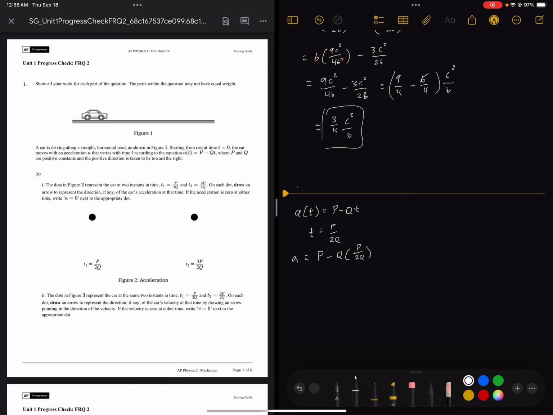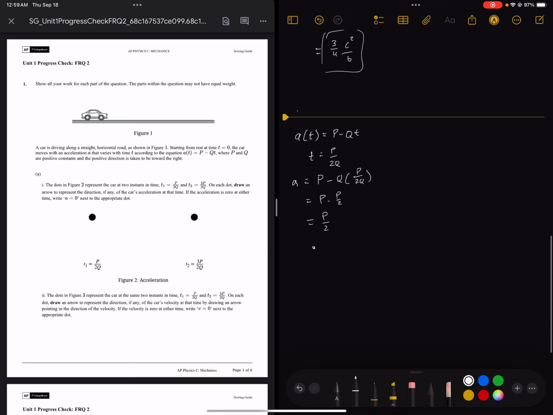And when I evaluate that, the q's cancel out, right? So q times p over 2q, I just end up with p over 2, so p minus p over 2, and that just comes out to p over 2. All right, so that's my acceleration, and because p is a positive constant, I know I have a positive acceleration. So I'm just going to draw that as going to the right. So on the dot, I'm drawing that the acceleration is going to the right.